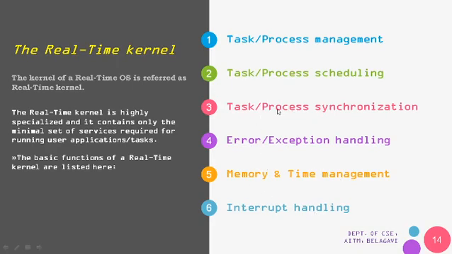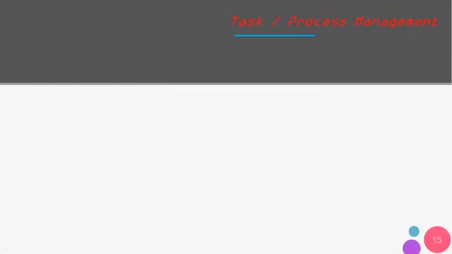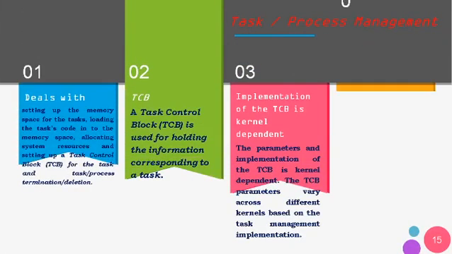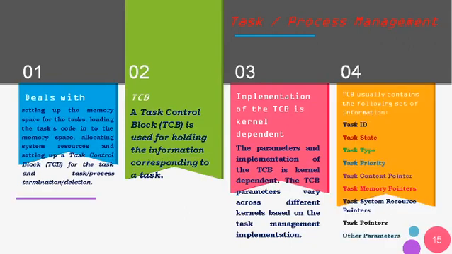Now coming to task or process management, it mainly deals with setting up the memory space for the task, loading the task code into the memory space, allocating system resources, setting up a task control block, that is TCB, for the task, and task or process termination or deletion.